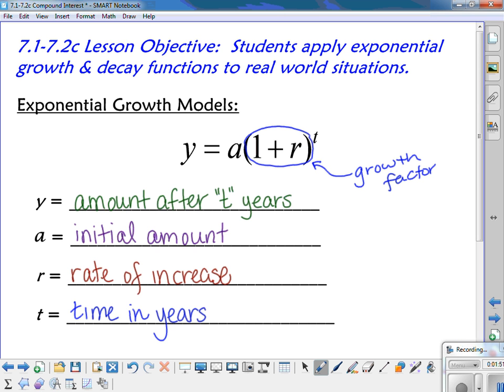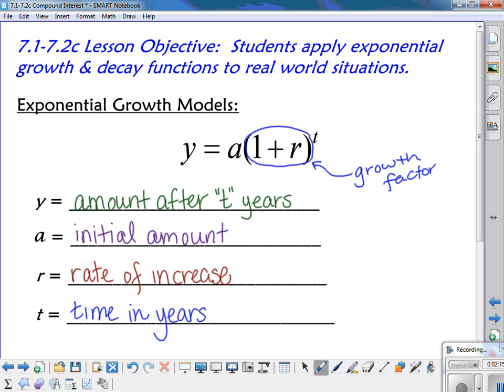That's not saying you won't ever run into a problem where it's something different. For instance, bacteria growth is usually done in terms of hours, so you would maybe use H instead. If it was half a year, you would just use 0.5.